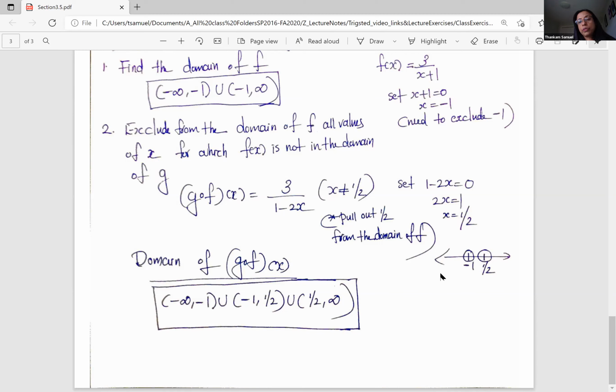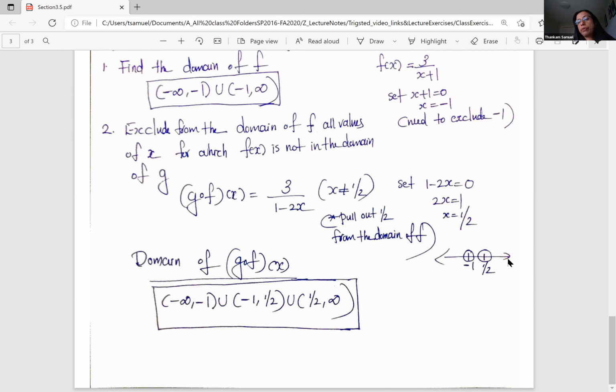Okay. So the domain of g of f of x equals negative infinity to -1. When you look at this number line, it is from negative infinity to -1. We exclude this -1. Then -1 to 1/2. We need to exclude that 1/2 also.